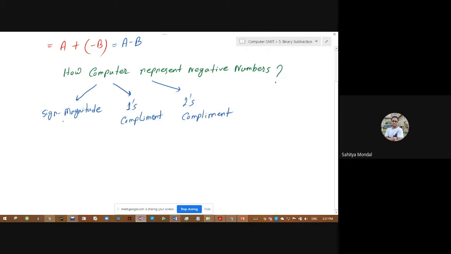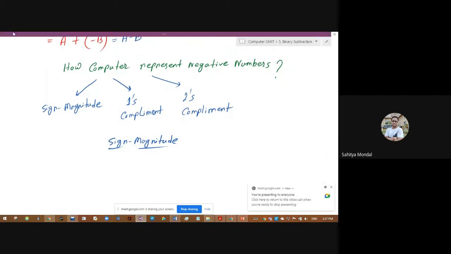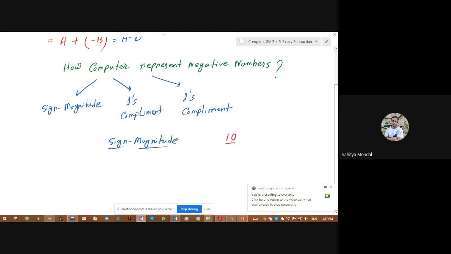So what does sign magnitude say? There will be a dedicated bit for the sign. Before proceeding, you need to understand what a signed number and an unsigned number are. In general, when we write 10 in mathematics, we always assume it is a positive number.